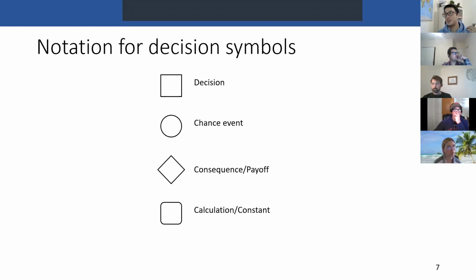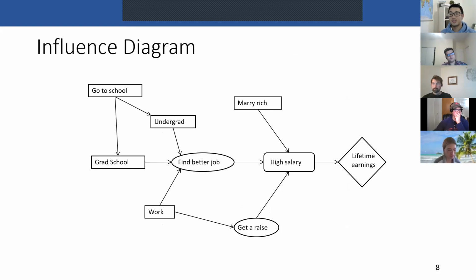Going back to the example of increasing your lifetime earnings, that might look something like this. You can choose to go to school, you have some chance of finding a better job, and then the way in which your salary increases, there might be some kind of algorithm that determines that, and then your full lifetime's earnings.